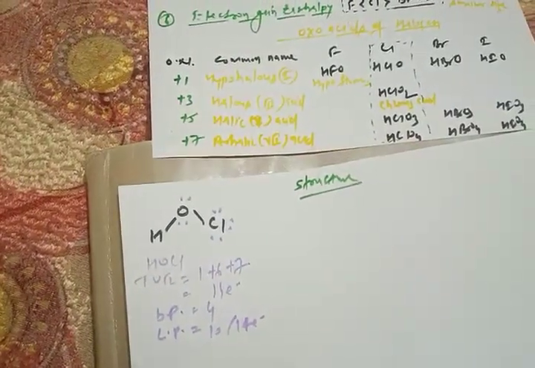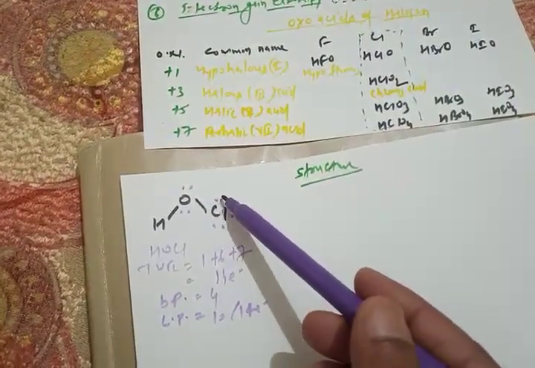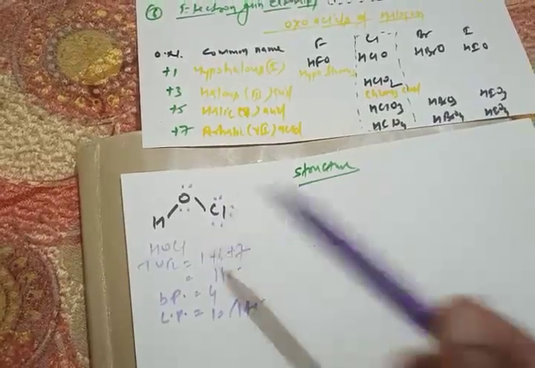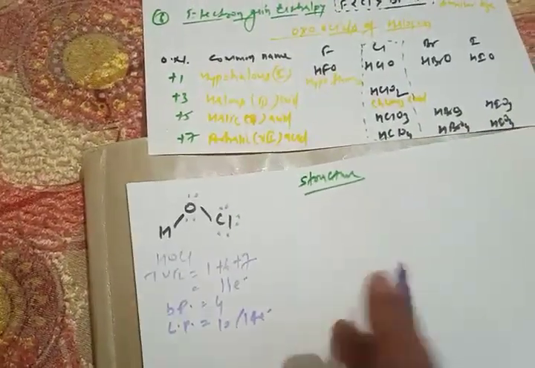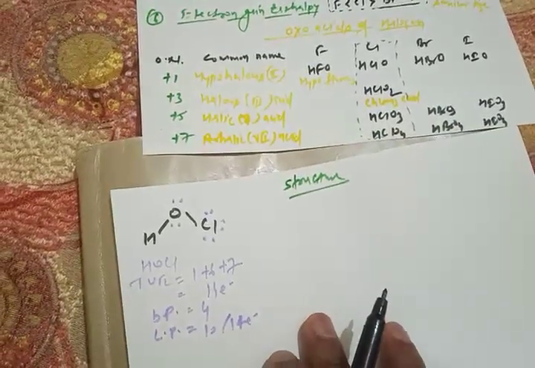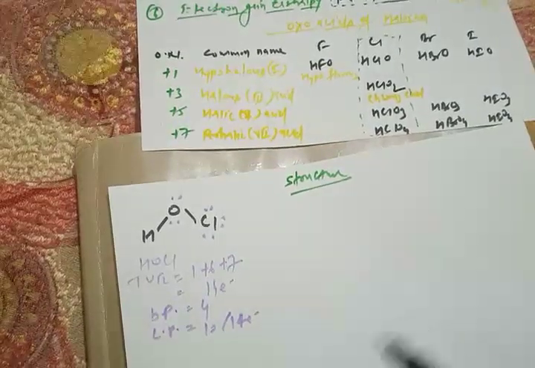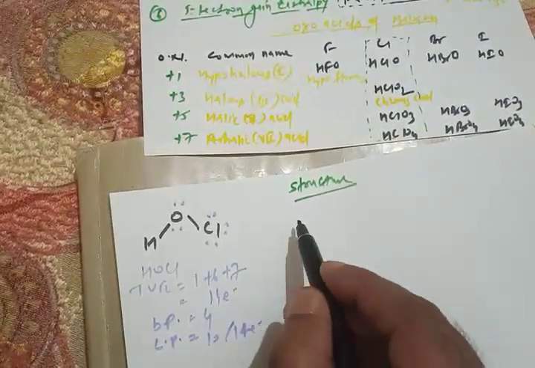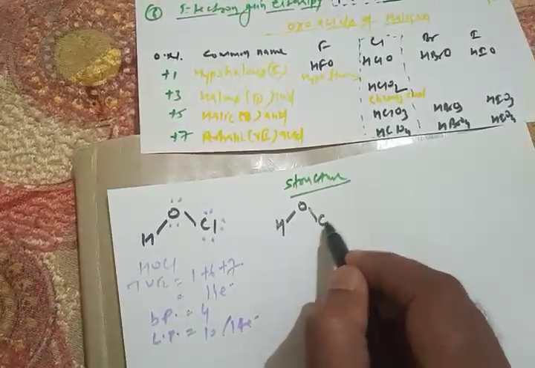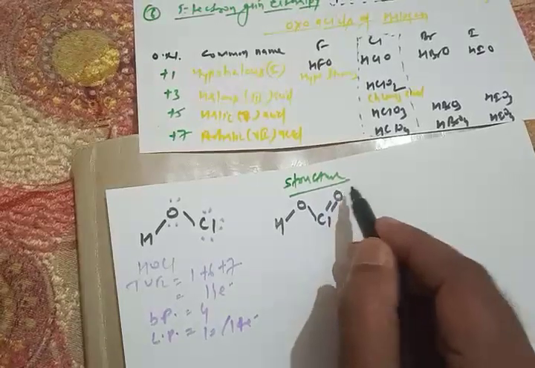Now every time with the addition of oxygen, we will put oxygen double bonded here, with one lone pair, then the second lone pair, and then the third lone pair. Okay, so we'll go for the second structure, and that is HOClO or HClO2. So we will draw the structure H, then one oxygen, then chlorine, then a double bonded oxygen.